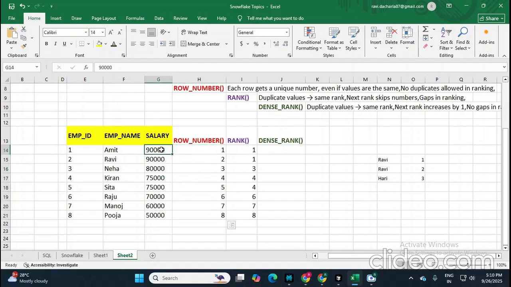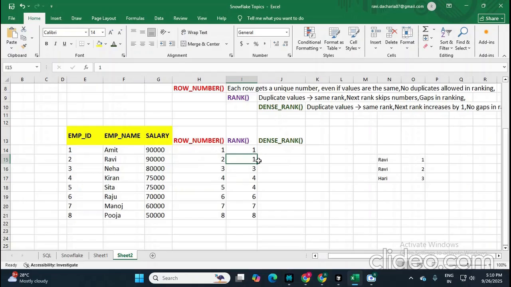If we have duplicate values, it assigns the same rank, and for the next number it skips the continuity. Here 1, 1, it skips 2 and assigns 3. Generally after 1 we have 2, but here it skips the number because duplicate values are there, so it assigns the same rank 1, 1.